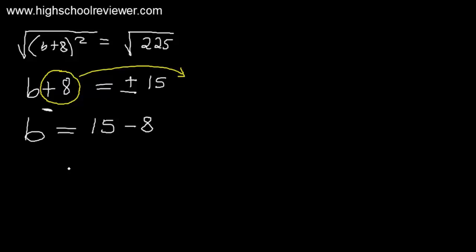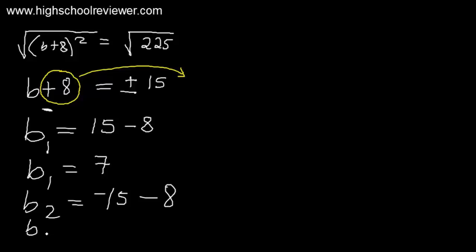This will be negative 8. So this will be our b1. So our b1 will be 15 minus 8, that will be positive 7. And for our b2, that will be negative 15 minus 8. So b2 here will be equal to negative 23.